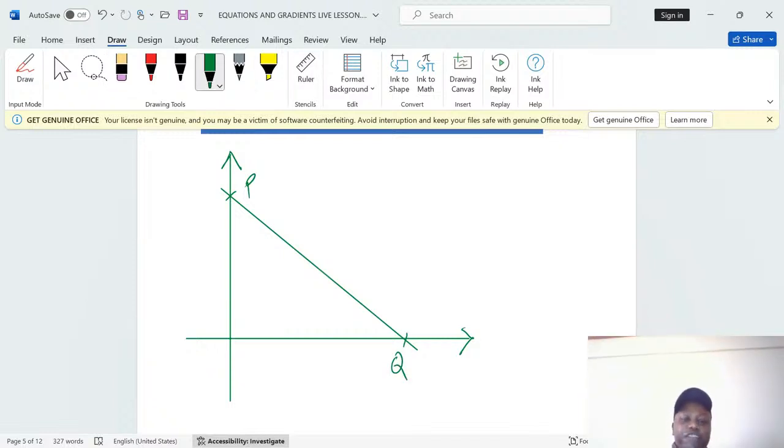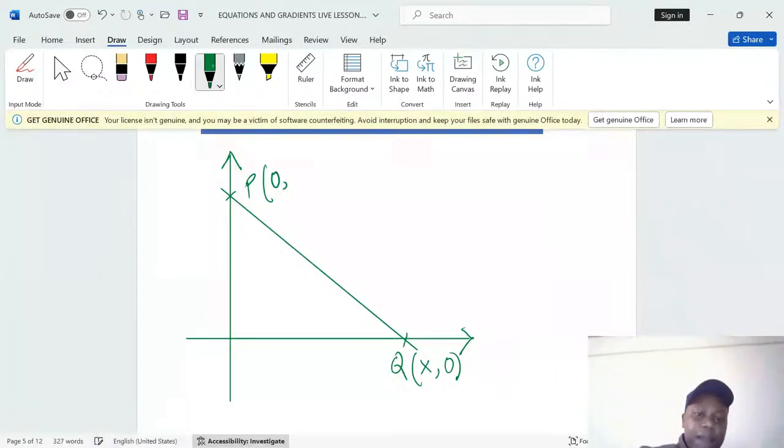Now, the coordinates of these places we might not know, but something we are sure about is that along the x-axis, we shall have a certain value of x, but the value of y is supposed to be 0. Something else we know about the y-intercept is that the value of x is usually 0, but there is a certain value of y that we don't know.